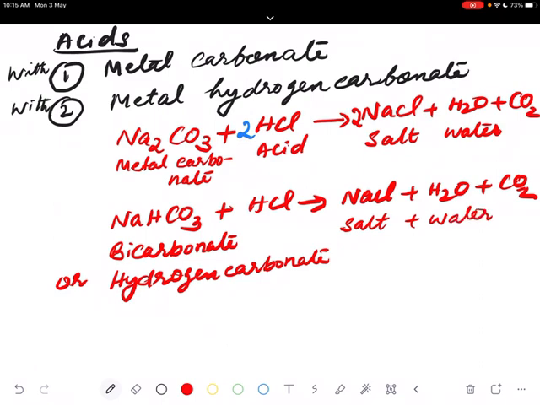Now in both the cases you are getting carbon dioxide as the gas. One gas is coming out, some brisk effervescence of carbon dioxide. Brisk effervescence is just like when you open a Pepsi bottle or a Coca-Cola bottle or a soda bottle, the gas rushes out, giving the drink a sparkle.